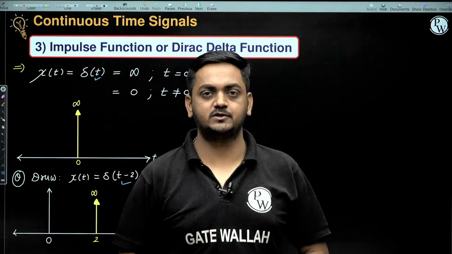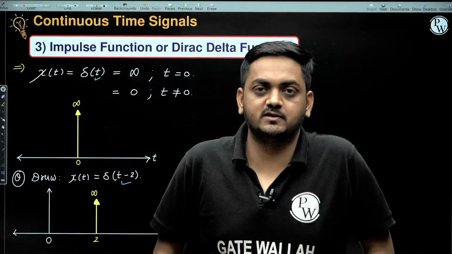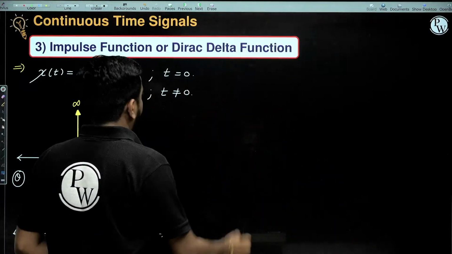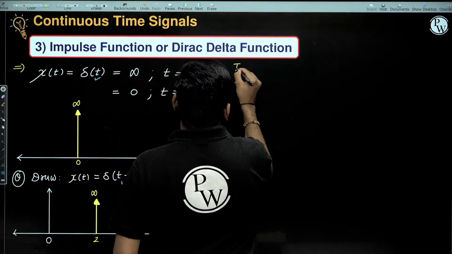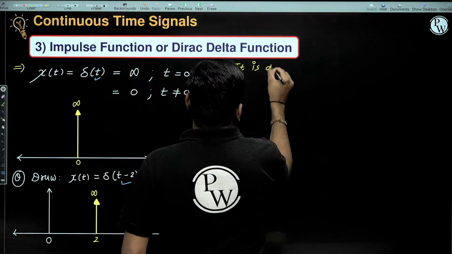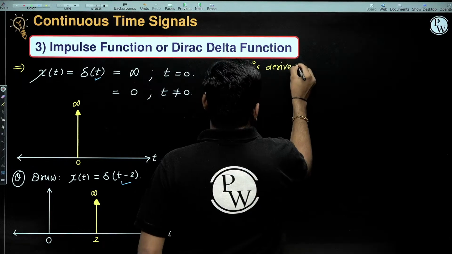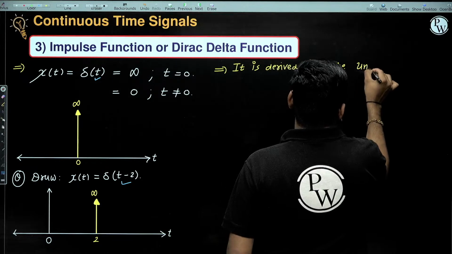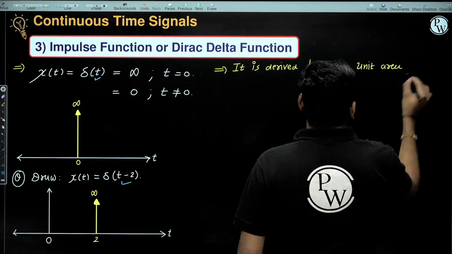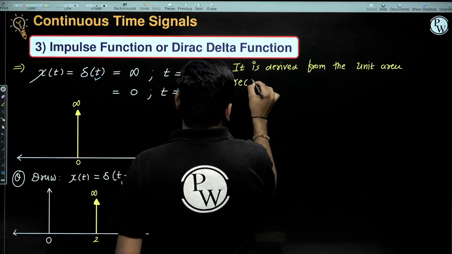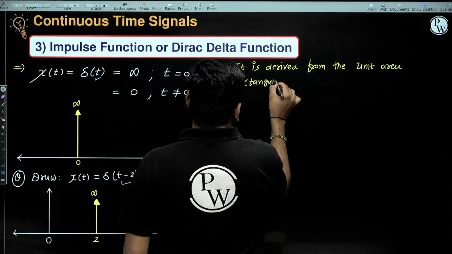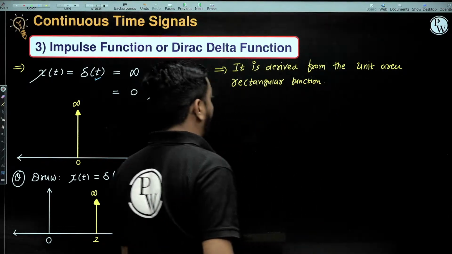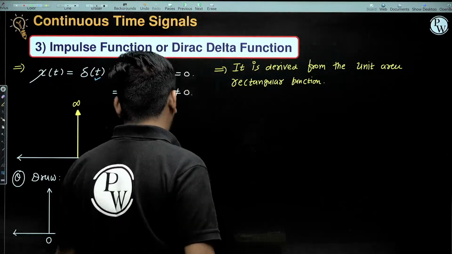Now how is it derived? This continuous impulse function, or Dirac delta function, is derived from the unit area rectangular function. We have to take the area of the rectangular function as unity.